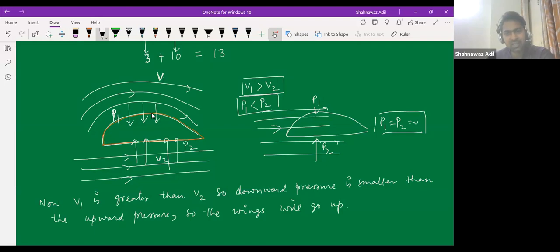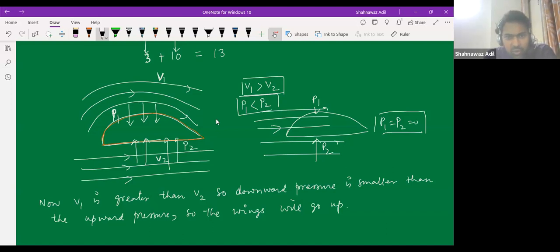Is this clear, guys? So that is how this airfoil works. Because this pressure is higher, this will go upward, and the downward pressure is low. So the overall pressure P2 is upwards, so this will move upwards.